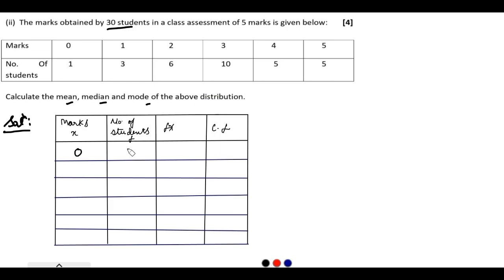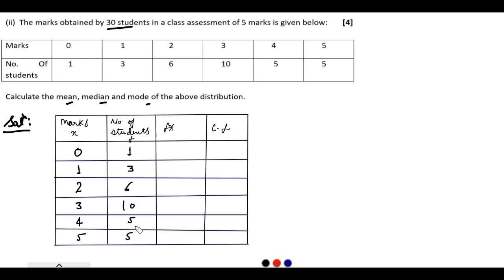Marks 0, number of students 1, marks 1, number of students 3, marks 2, number of students 6, marks 3, number of students 10, marks 4, number of students 5 and marks 5, number of students 5.